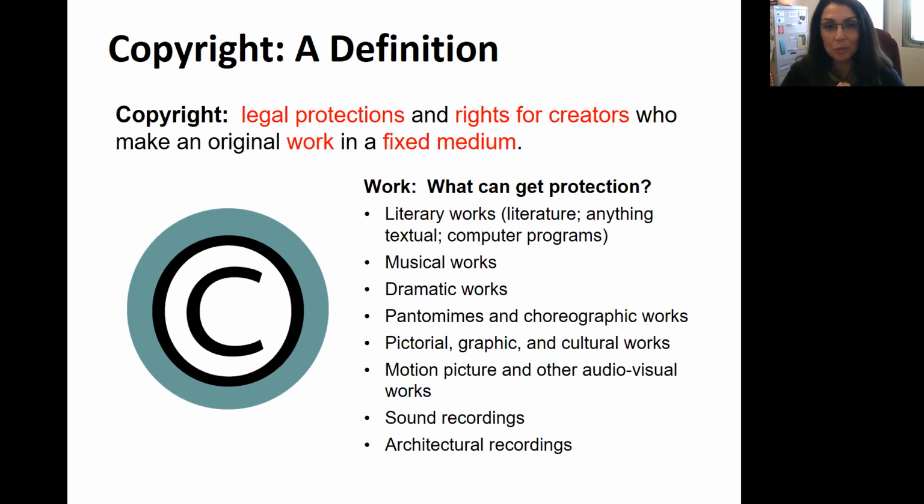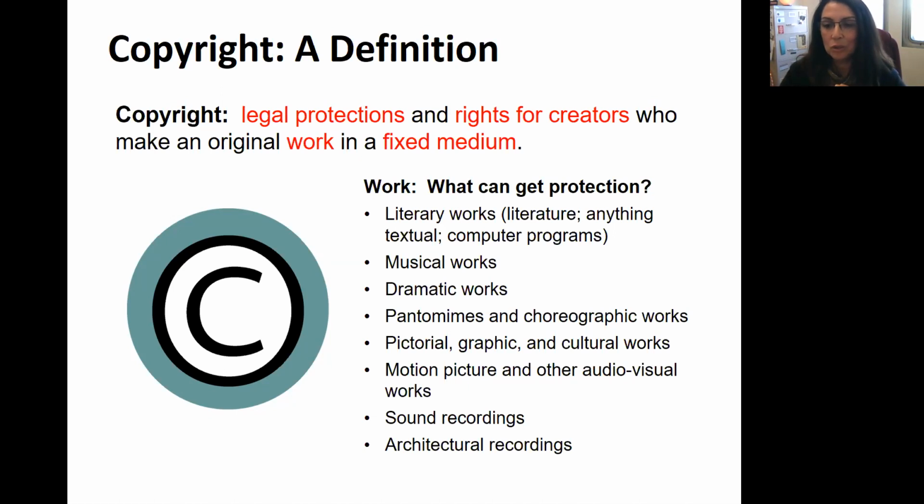Musical works are also preserved, so whether it's sheet music or the musical performance itself, it can get copyright protection. Dramatic works like movies, stage, theater can be copyrighted, and so can pantomimes and choreographic works. So remember those people, or you've probably watched the break dancers from the 80s, and now they can get their work copyrighted too.